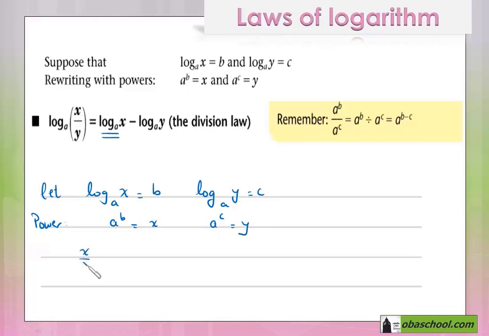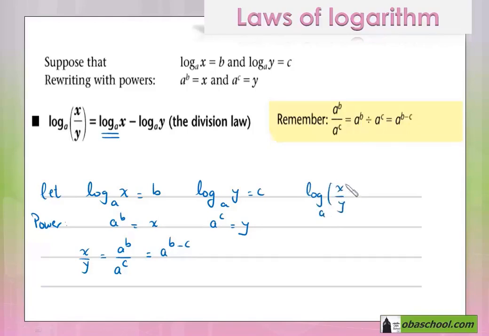Moving on from here, we know that we have x over y, which means that we have a to the power b over a to the power c. Notice that we have the same base a, so we subtract the powers, b minus c, which is basically another power rule.